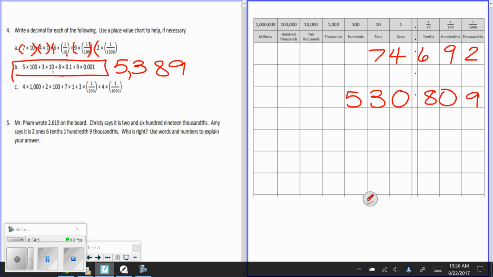I have to add my zeros. Now that number's right. 530 and 809 thousandths. Now that number's right. But this is definitely wrong. So using the place value chart is crucial. Make sure you get the right number. Okay.